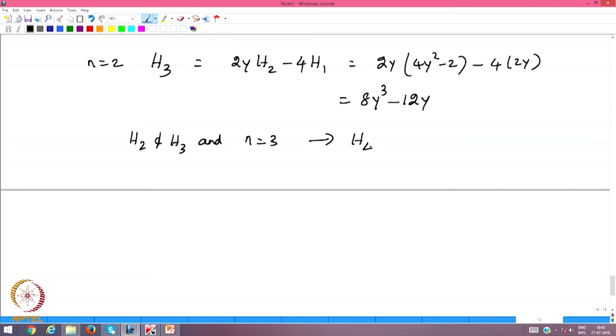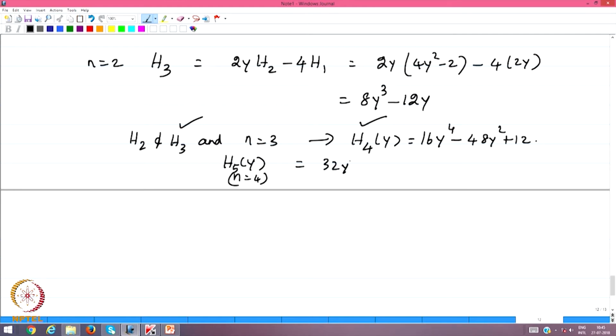H4 of y is equal to 16y raised to 4 minus 48y squared plus 12, and likewise H5 of y, using H4 and H3 and n equal to 4, you get the answer 32y to the 5 minus 160y cubed plus 120y.